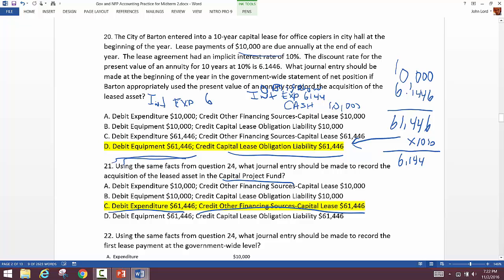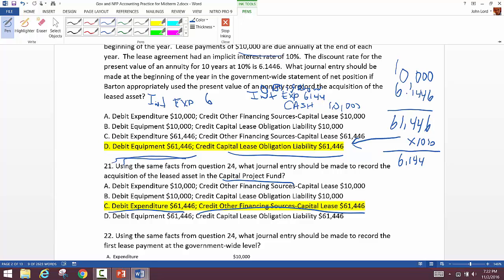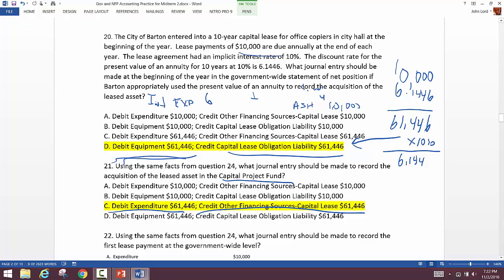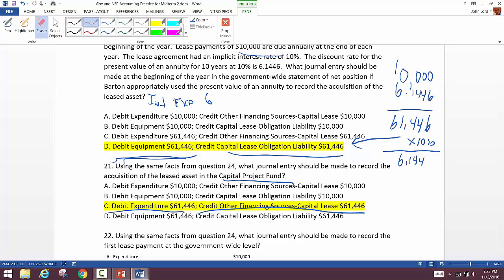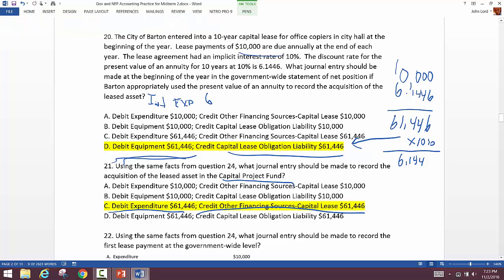So I'm going to debit my obligation. Give me that number again. 3,856.